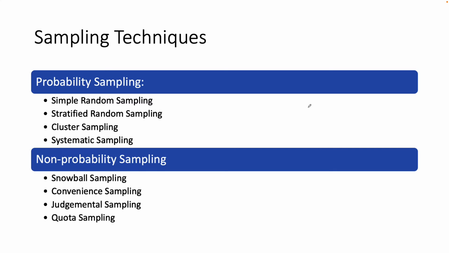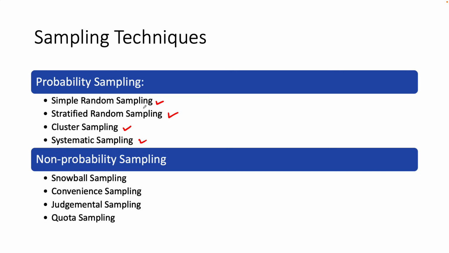One is the probability sampling technique, and the other is called the non-probability sampling technique. Under probability sampling, we've got simple random sampling, stratified random sampling, cluster sampling, and systematic sampling techniques. These are the strategies that we use to select a sample from the population.